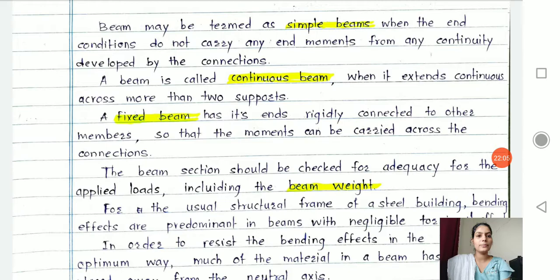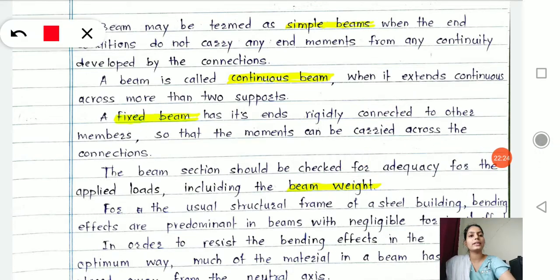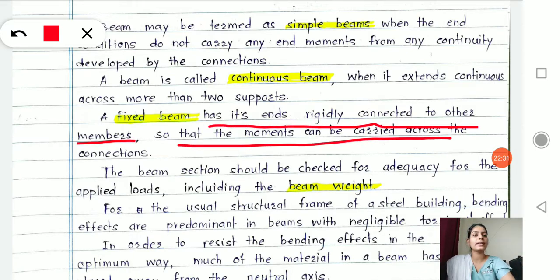What is a fixed beam? It's a beam whose ends are rigid. They are so rigid that they don't allow any horizontal movement, not even vertical movement, and even rotation is restrained. The beam has its ends rigidly connected to the other members so that moment can be carried across the connections.